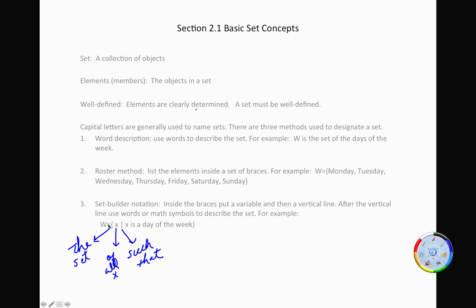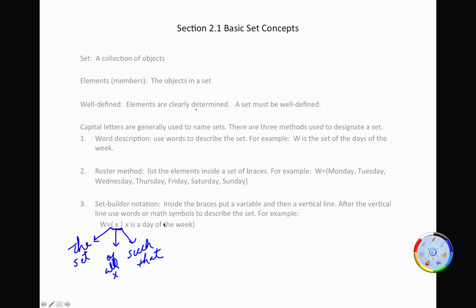So we would read this: W is the set of all x such that x is a day of the week. So set builder notation always has this beginning part right here. Always. That's a part of every set using set builder notation.